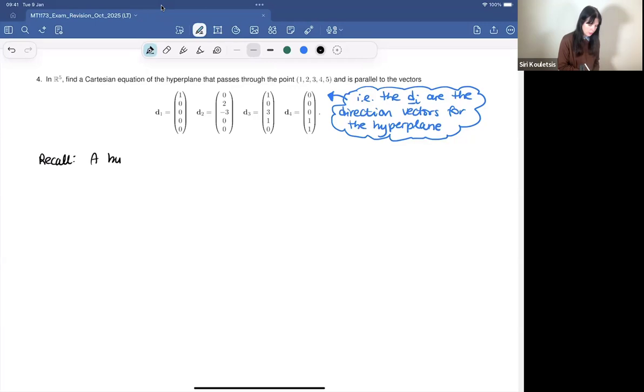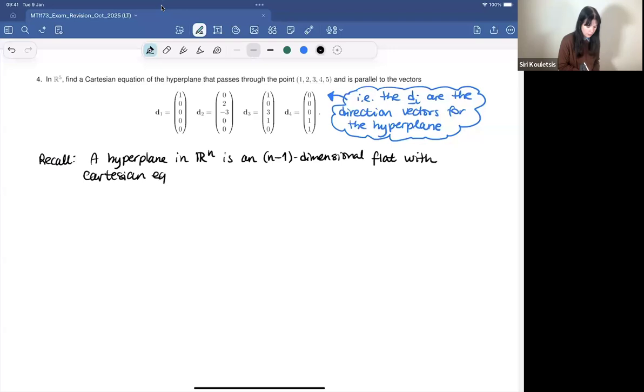And so recall in general terms that the hyperplane in Rn is an n-1 dimensional flat. And what is the Cartesian equation of the hyperplane?